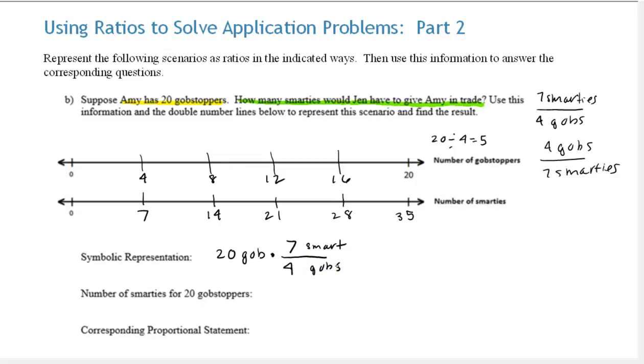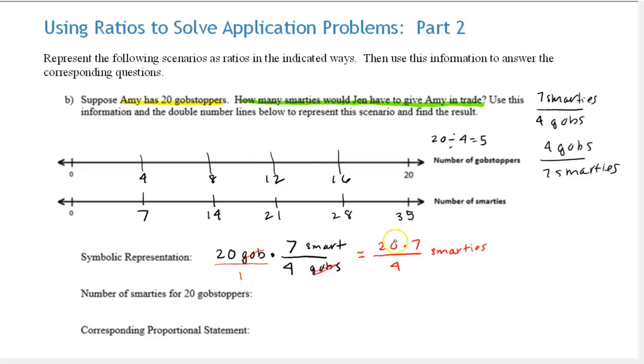Okay. And if you use the idea of unit analysis again, I'm just going to write this over 1. You can see that the Gobstoppers, there's one on top, one on bottom, they'll cancel out, leaving us with Smarties, which was our ultimate goal. Okay, so that's another way to make sure that you're using the correct ratio. So multiplying across, now we have 20 times 7 over 4, and this is representing Smarties.